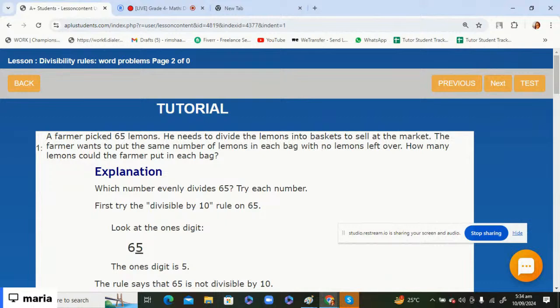Which number evenly divides 65? Let's check. First divide by 2, then 5, then 10, and check one by one. Mostly we are using only these three numbers: 2, 5, and 10. Let's divide and then check the answer.